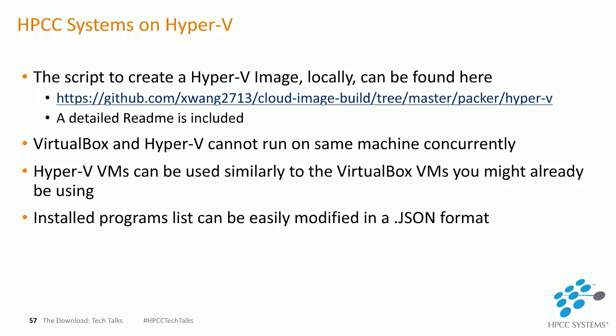But basically, with the Hyper-V images, you could use a local HPCC node, but running in Hyper-V. And like I said before, this uses a JSON config file, very easily extended, and it's documented in the GitHub repository for easy use.